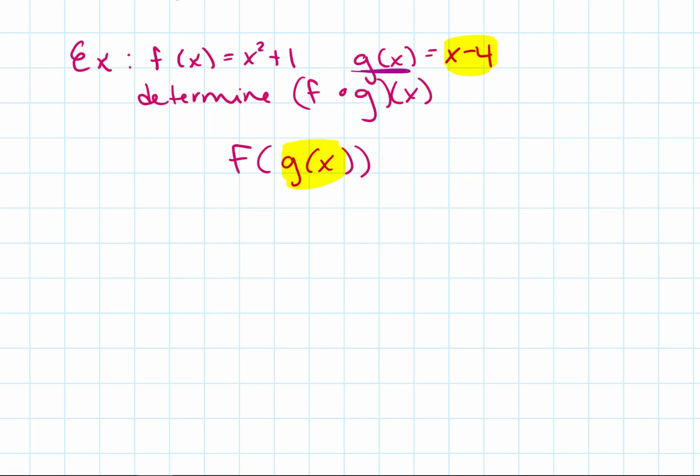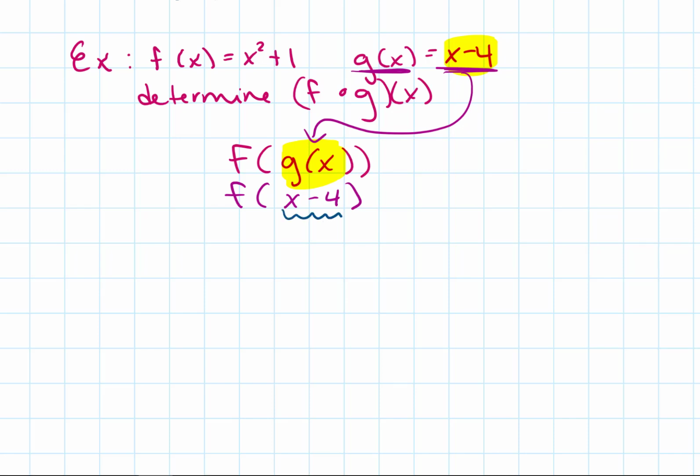Since g of x is equal to x minus 4, I'm just substituting it. Now we've seen questions like this all the time, where we have the function and then some sort of expression.